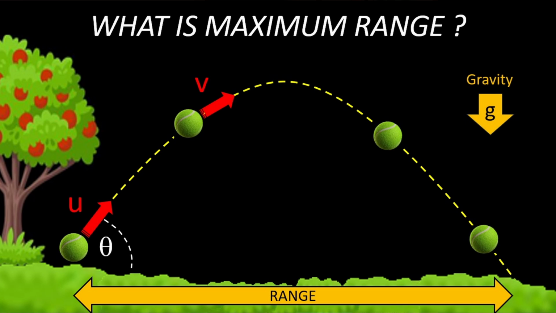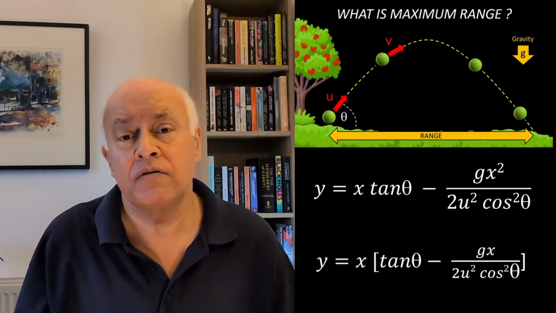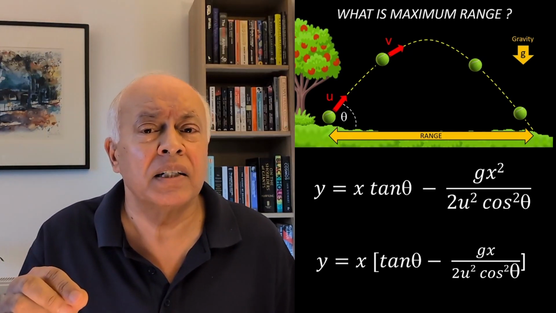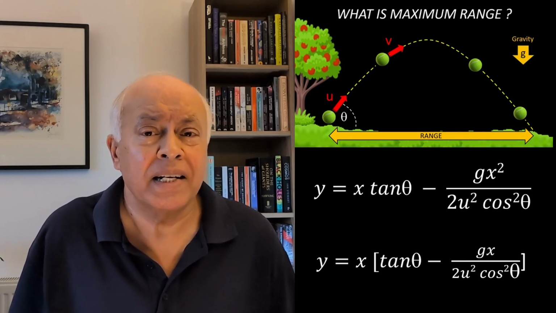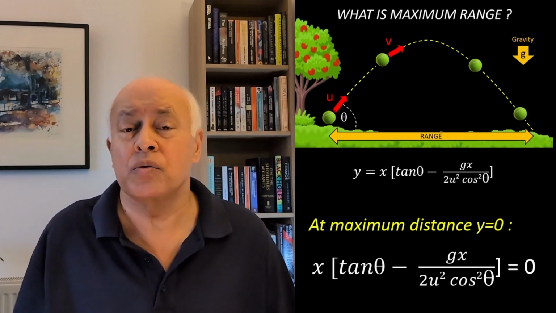First, let's see how to work out an expression for how far the object will travel, that is, its maximum range. We can take the expression for y, which we have just derived, and factor out x on the right-hand side. Now we know, and can see from our diagram, that when the object hits the ground, y equals 0.